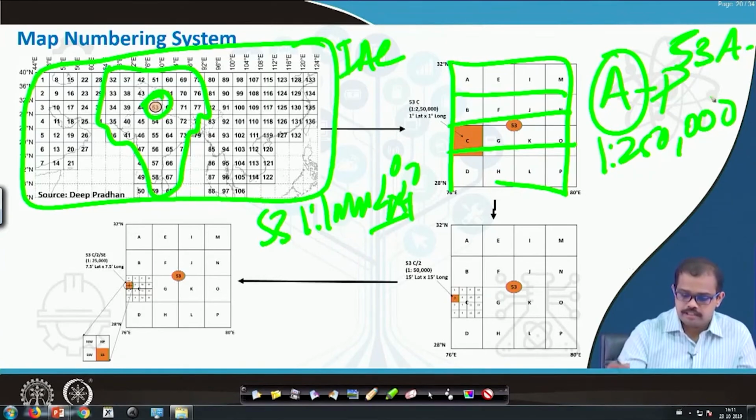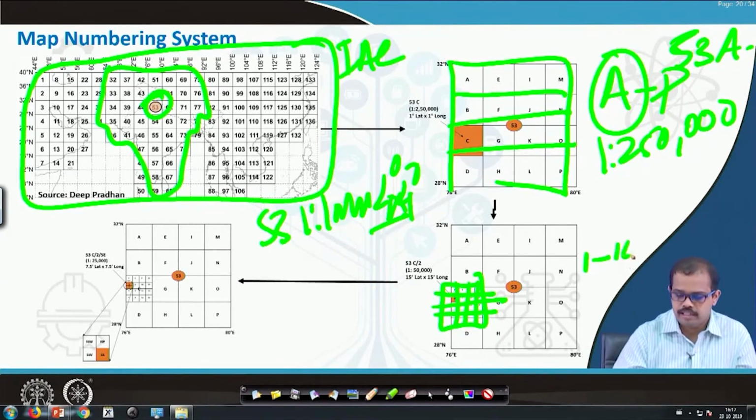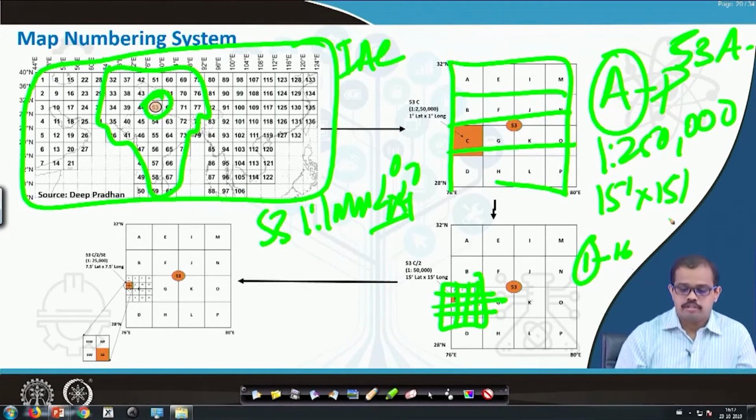If we consider this 53C, I divide it into 16 different sections and number them from 1 to 16. Each of these represents a 1 is to 50,000 map, 15 minutes by 15 minutes in size. This is a 1 degree by 1 degree map, called a degree map, and this is called a quarter map.